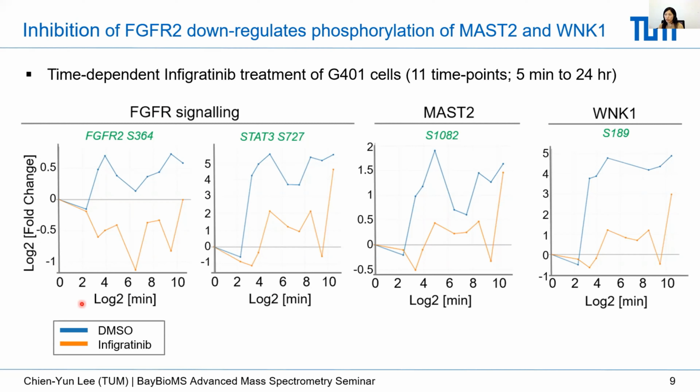After drug treatment, the FGFR phosphorylations and also STAT3, a known downstream target of the FGFR signaling, are downregulated compared to the DMSO control. We additionally observe two kinases, ST2 and WNK1, that also show downregulation after the FGFR2 inhibition.